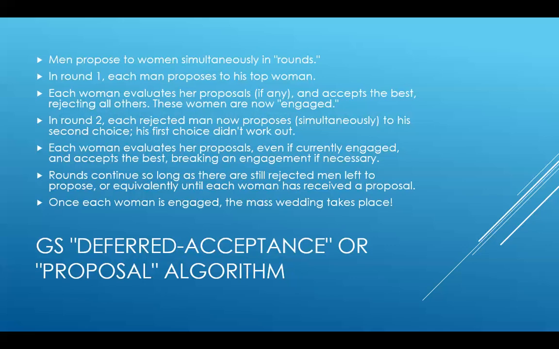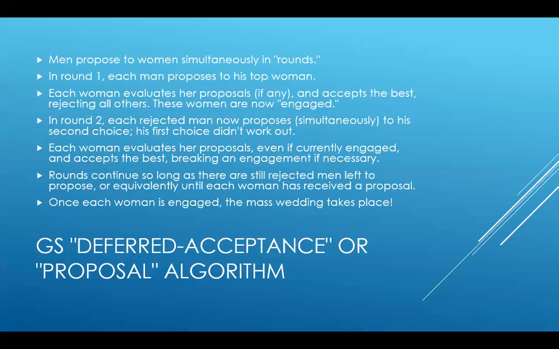And if it's higher than her current proposal, what does she do? She breaks it. And she goes with that one. And now that poor guy who was engaged before has to go back to the drawing board, don't you see? And so he's going to re-enter the game in round 3 and actually have to propose to his second choice. Does that make sense? And on this thing goes all the way down.